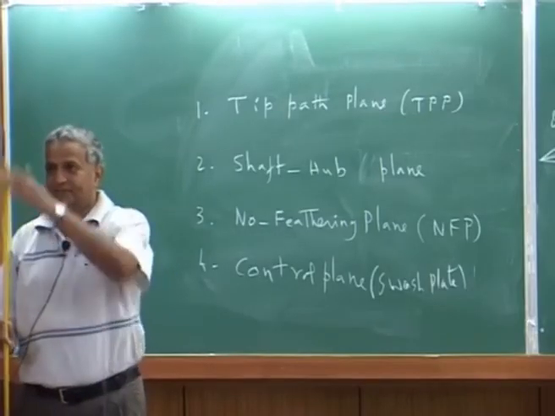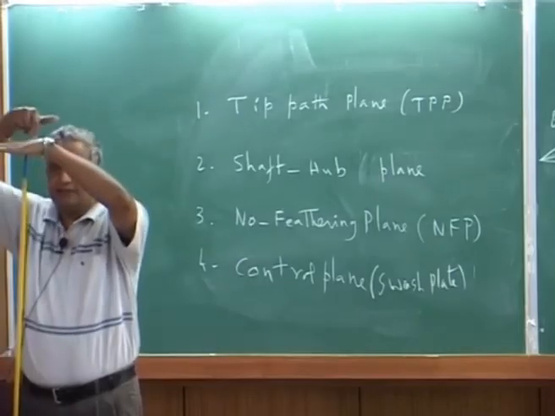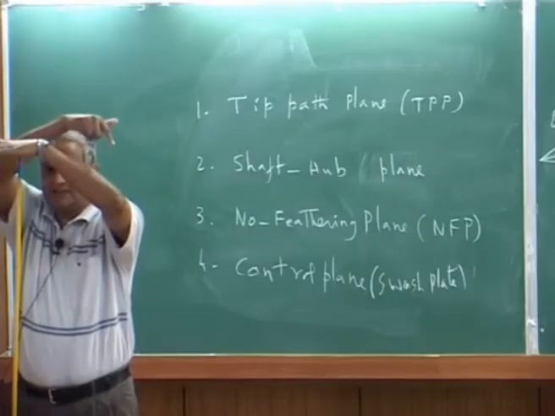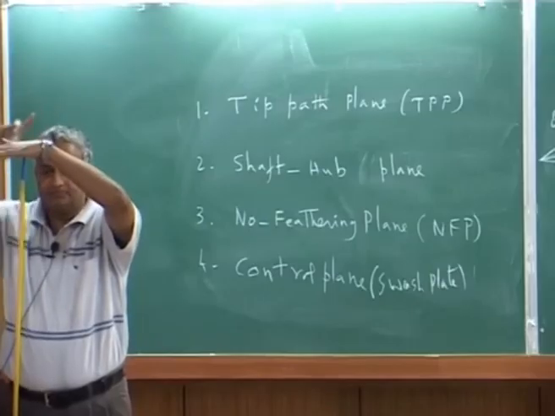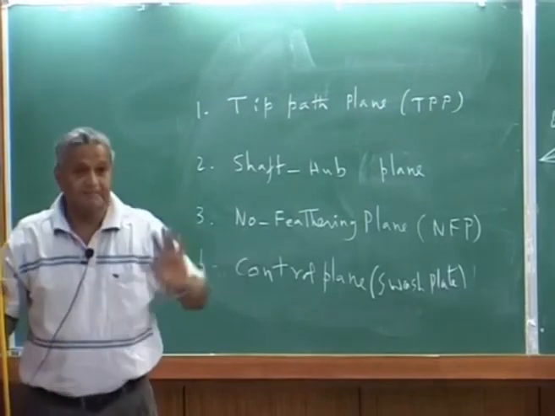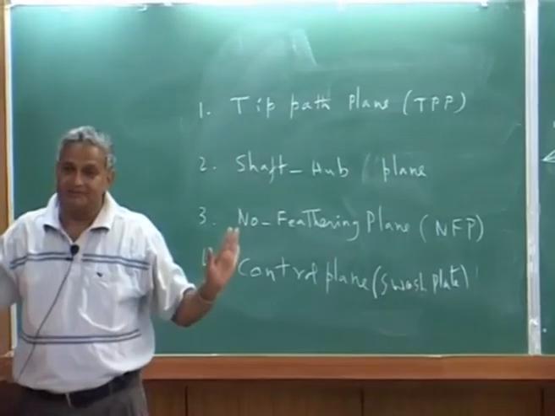So this is the shaft, this is the hub which is 90 degrees. So you define the velocity in the plane of the hub and normal to the hub, that's all. In the plane of the hub is your forward speed, normal to the hub is your inflow, that's all.